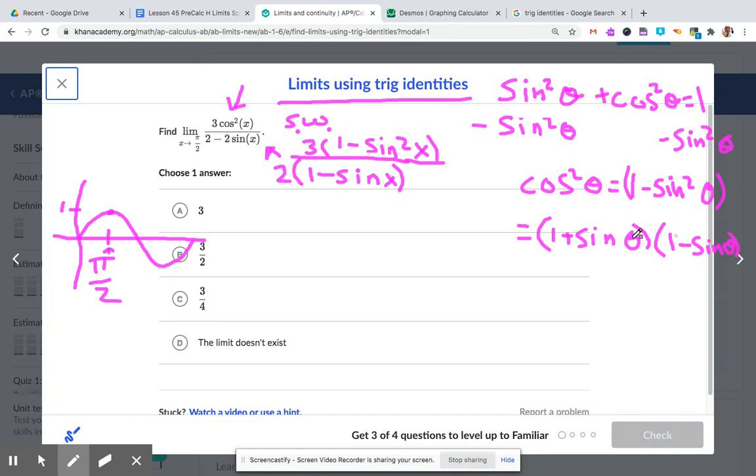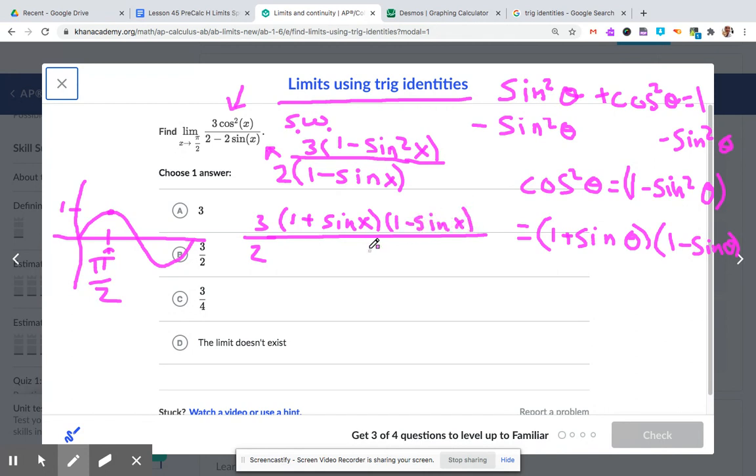All right, so now I have, for this one right here, 3 over 2, 1 plus sine of x, 1 minus sine of x, and there we are.